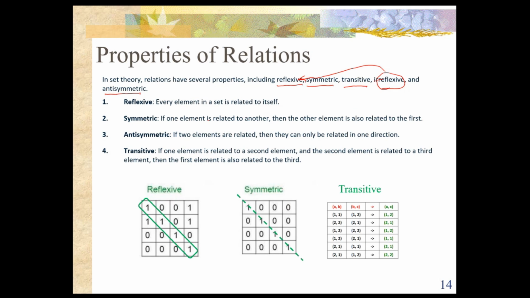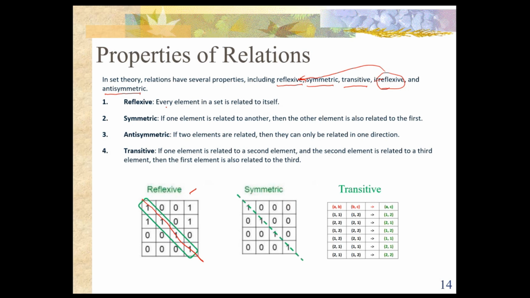So what is reflexive? Reflexive means, if you look at the diagram, if you look at the diagonal cells from top left to bottom right, if all of them are populated by one, then it is reflexive.